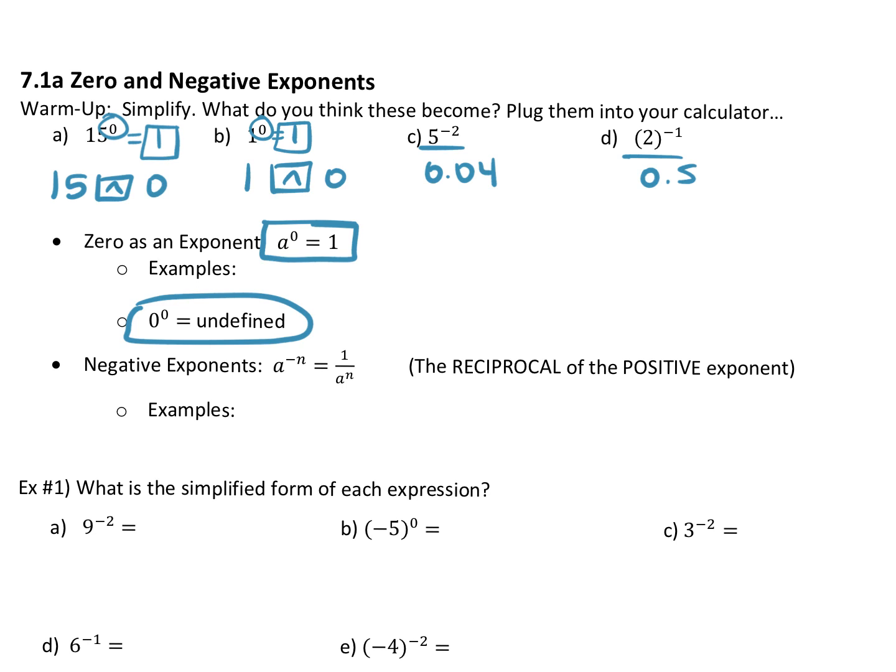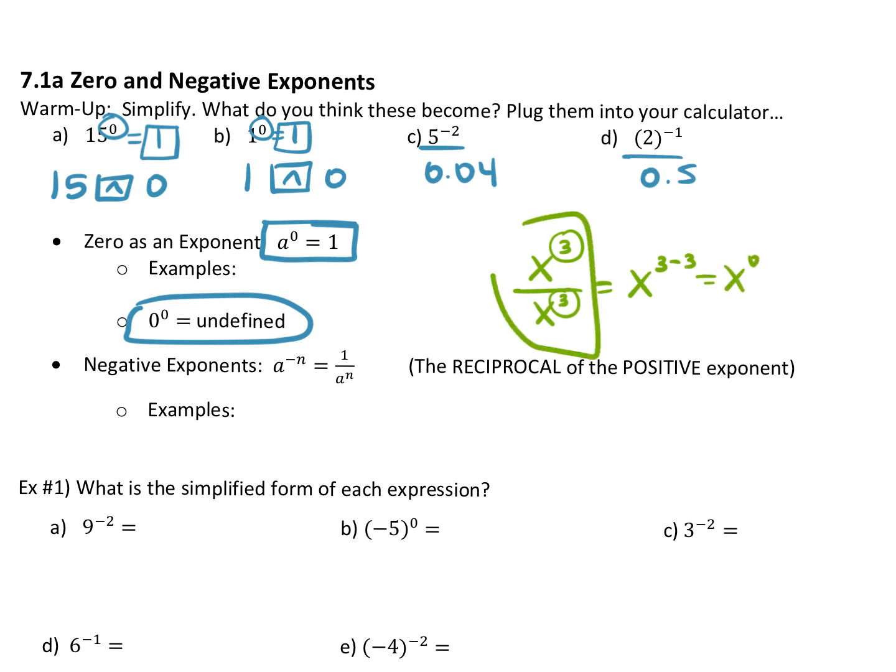Well, you don't know these other properties yet. The property that I always use to explain this is if you take x to the 3rd power divided by x to the 3rd power, there's a rule that you're going to learn in a few days that says when you're dividing, you actually subtract those. So x to the 3 minus 3 is x to the 0.